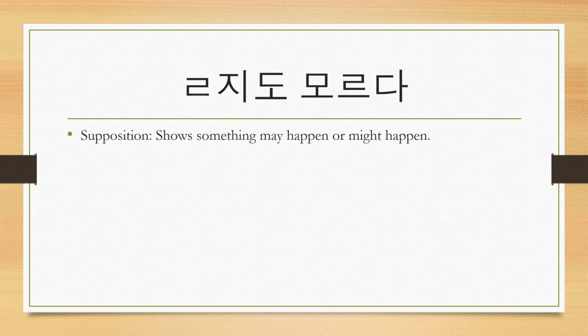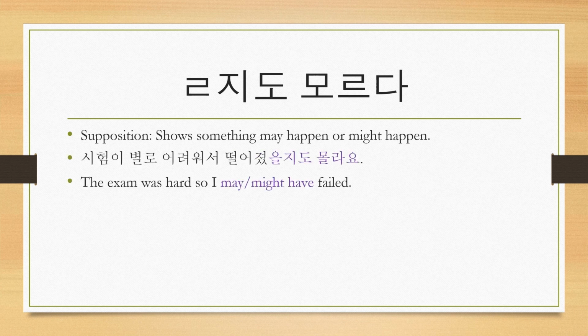So here we have 지도 모르다, and this shows that something might happen or may happen, right? So you're thinking about something happening, but you don't know exactly. You're just assuming. So this one's saying that the 시험이 별로 어려워서 떨어졌을지도 몰라요.